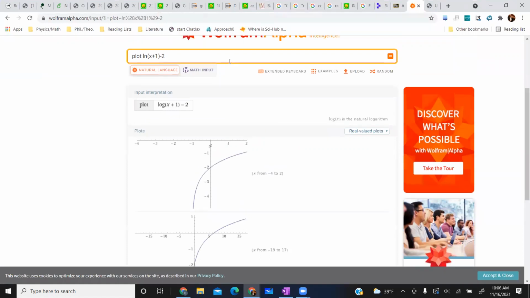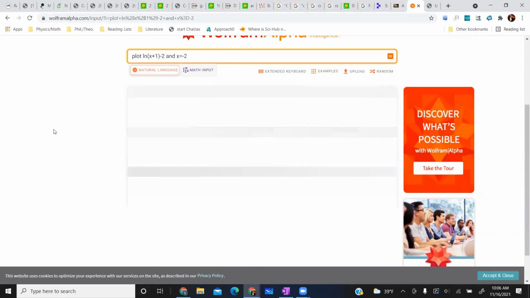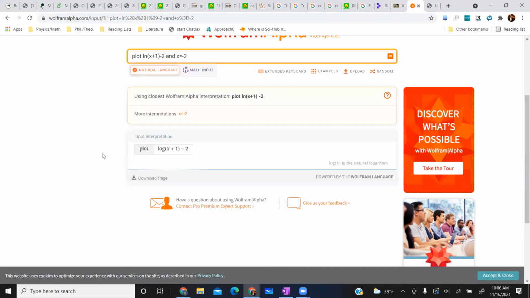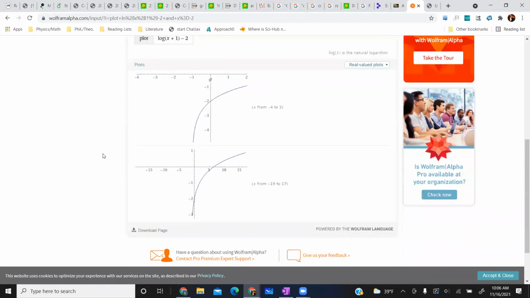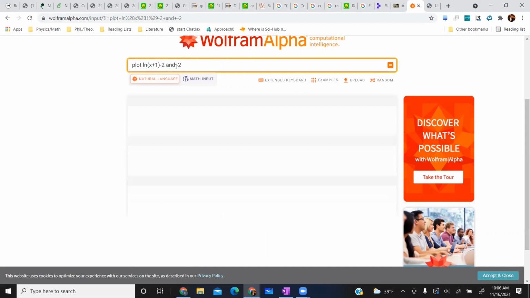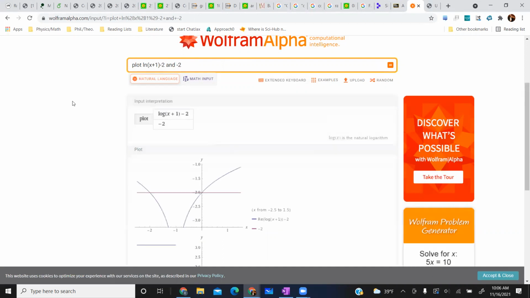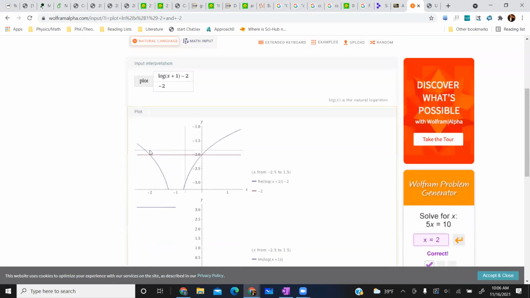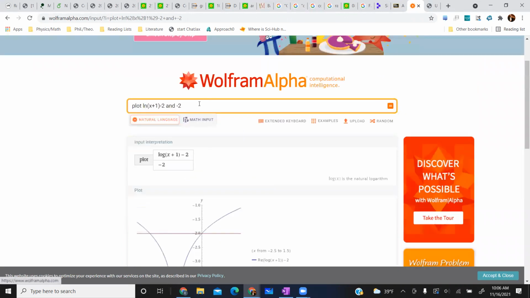And then we can also plot x is equal to -2. Maybe it doesn't understand that, actually. Oh, maybe I just need to do a plot at -2. And that gives me a horizontal line, not the vertical one I want.